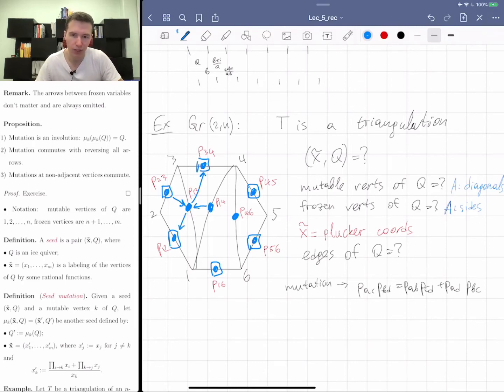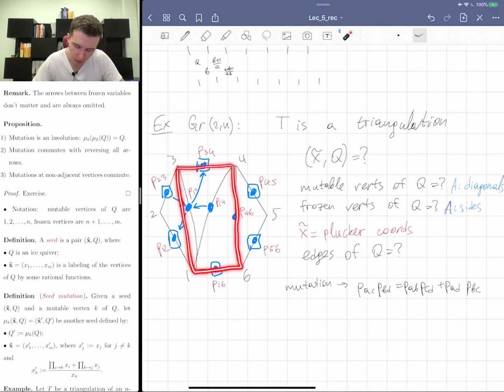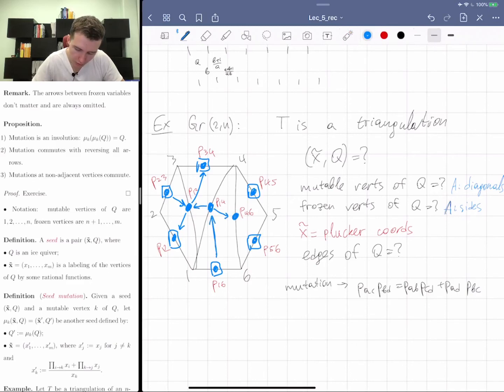And I have to do it for every quadrilateral. For this quadrilateral, I already have an outgoing arrow here, so the other one is going to go here to P46. Then the incoming arrows are going to be from these two sides. And finally, in the last quadrilateral, I'm going to do something like this.